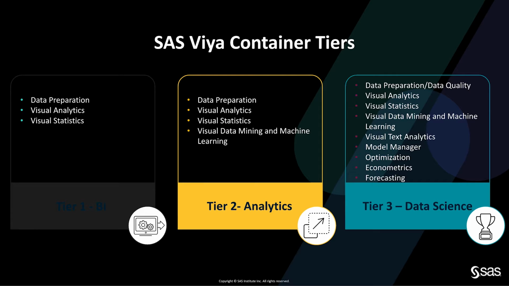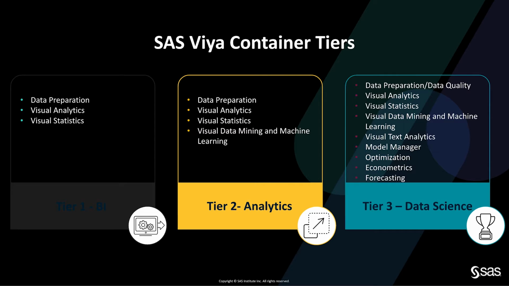You can see here, I won't read through all this. But if you're doing more advanced stuff, you're going to need the top tier 3. You'll have more access to different procedures and analytic tools within the environment. So just so you're aware that there are different ones and what the differences are.